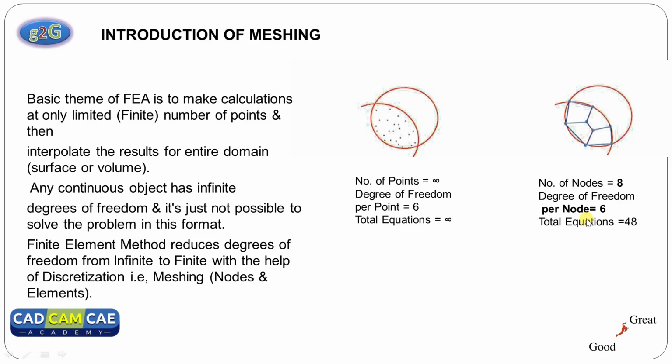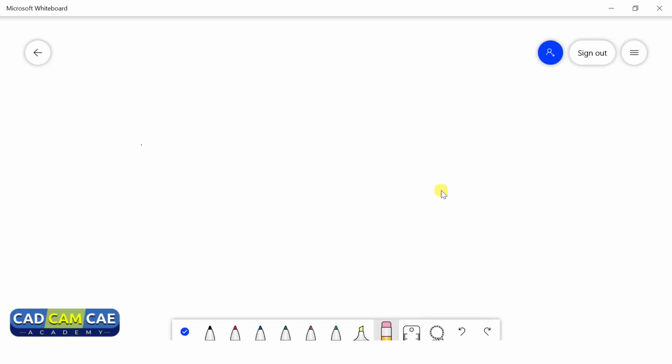Okay, I will show you this with an example. Suppose I take one bar, which is having force F at one end. So what I will do, I will divide this into two elements.